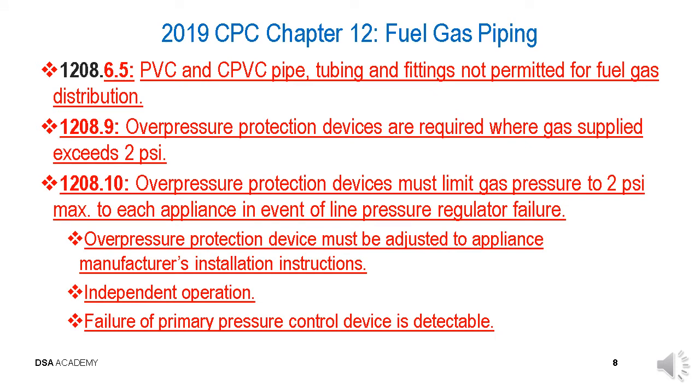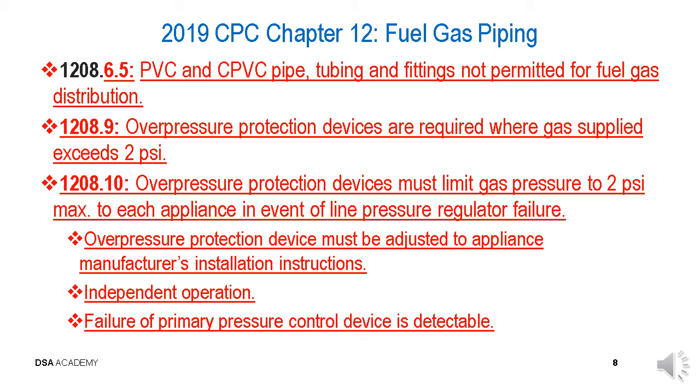With regards to fuel gas piping, these next several sections deal with protection from overpressurization. 1208.6.5, PVC and CPVC pipe, tubing, and fittings are not permitted for fuel gas distribution. 1208.9 and 1208.10 deal with the protection from overpressurization that's mentioned.